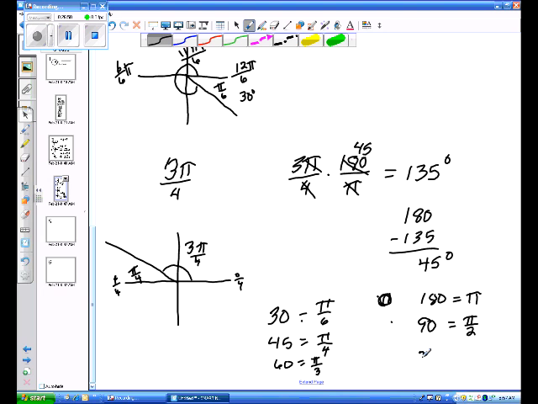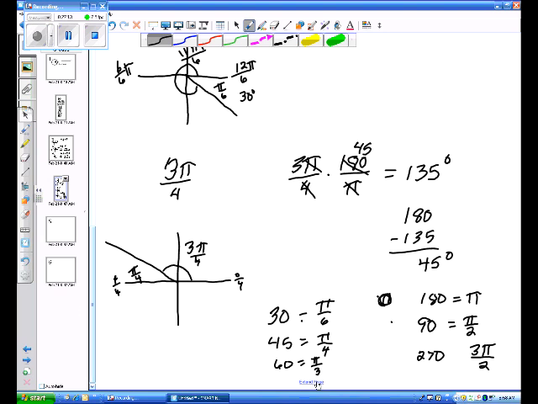And 270 is halfway between 1 and 2, so it would be 3 pi over 2. So anytime your denominator's 2, you're on the y-axis. When your denominator is 1, you're on the x-axis. So it's fairly easy to know when you have one of your special angles.